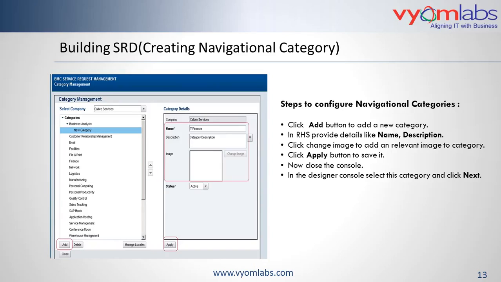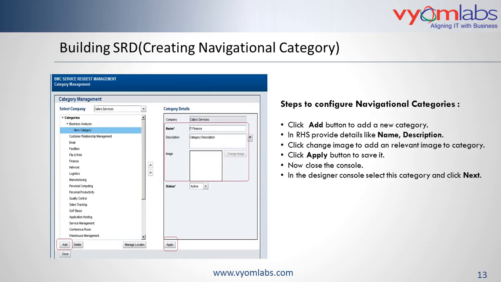The moment you click on the add button, you can see a new category is added to the already existing list of categories. On the right hand side, you have to provide the details of this category, like the name and description. If you want an image for this particular category, you can also add it in the image section. Then we finally click on the apply button to save it.